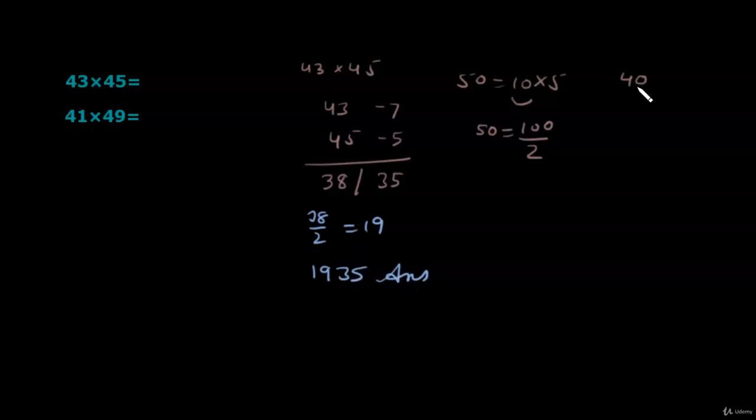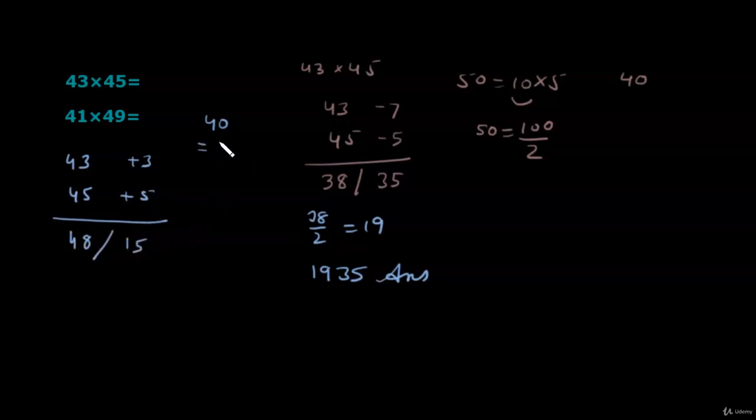Now let's do it again. If we take the base 40, then this is plus 3 and this is plus 5. 43 is 3 more than 40 and 45 is 5 more than 40. Now first part of the number is either by adding 5 to 43 or by adding 3 to 45. So first part of the number is 48 and 3 times 5 is 15.